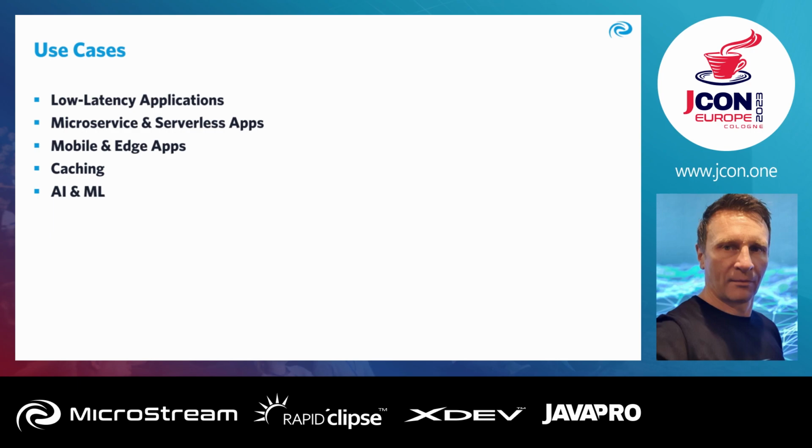Mobile and edge apps. So if you build Android apps, no one? Okay. But it runs on Android as well. We have the same framework. And of course for AI machine learning. This is great for AI machine learning because mostly they use monolithic applications, run their models on a big memory machine, but you need fast persistence.